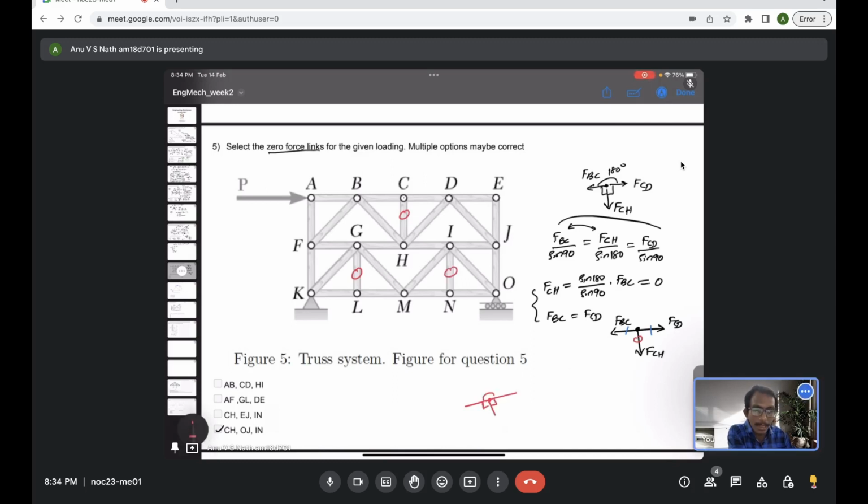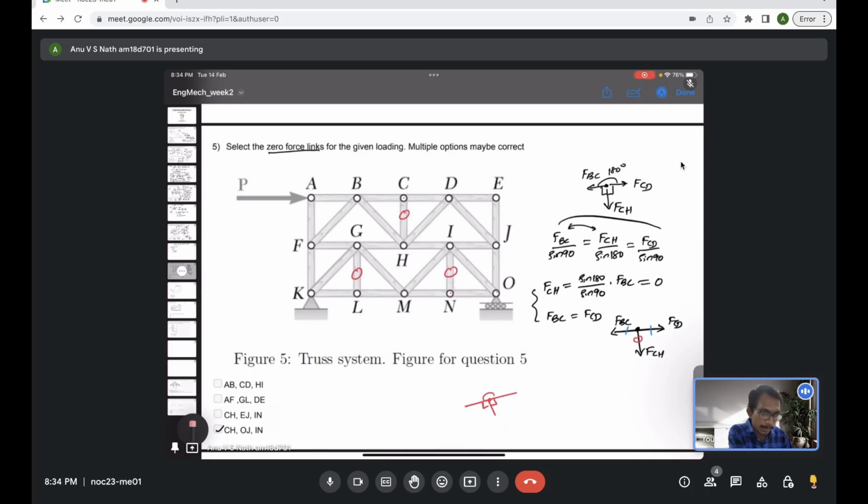Yes, IN will be a zero force member because you can see at the joint N, MN and NO are joining on the same axis, and IN is a link joined to it at 90 degrees.